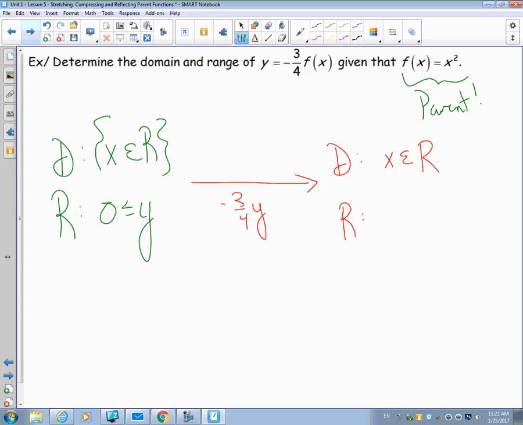Well, it's kind of like we did the last one. 3/4 of 0 is still 0. Because I have that negative sign in there, I need to flip the sign. And you can write it that way, or you can write it this way. I don't care which way you do it, as I said, as long as you're comfortable. Done. Okay. Parent functions.